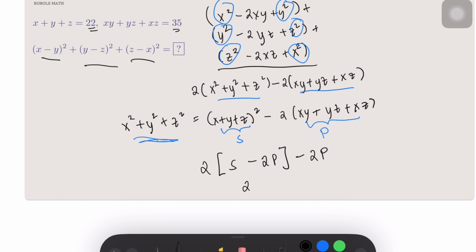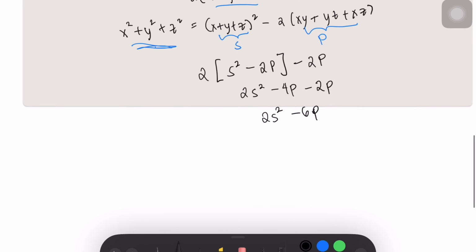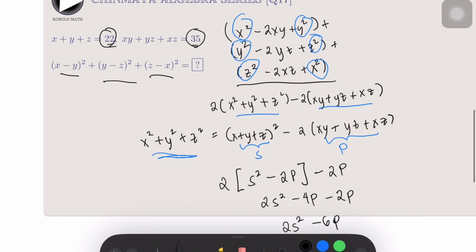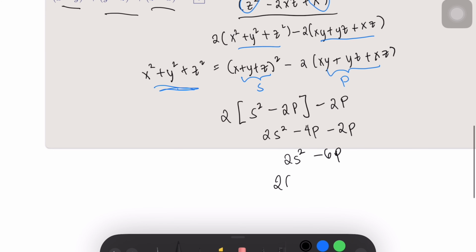Simplify this, we get 2s squared minus 4p minus 2p, or 2s squared minus 6p. Substitute the value of s, which we know to be 22, and p as 35. This is 2 times 22 squared minus 6 times 35.